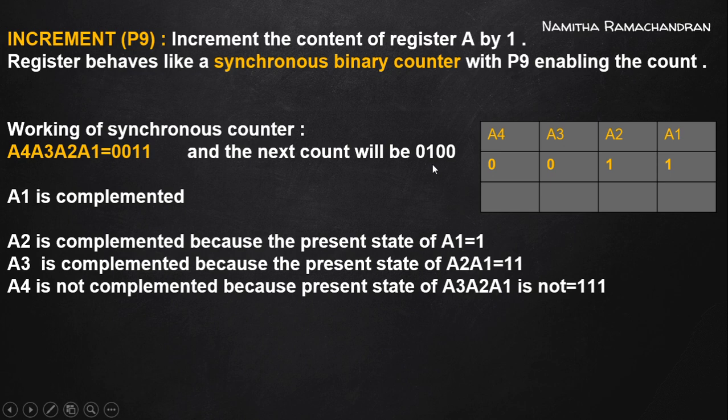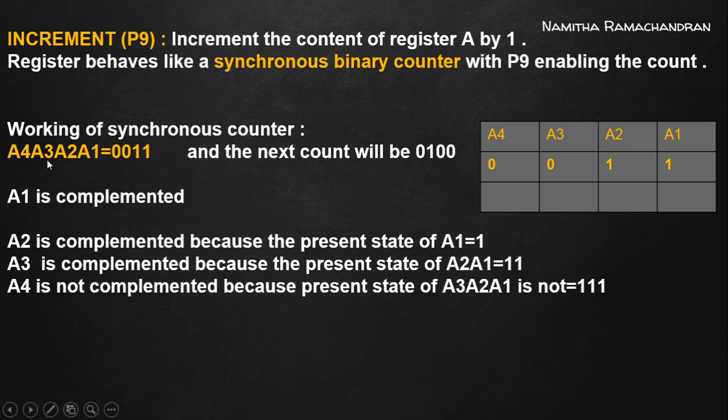Okay, in order to design such a circuit, we need to follow one principle: the A1th position value is always complemented. Whatever value is present in the A1th position, it is always complemented. Then A2 is complemented if the previous state of A1 is 1.